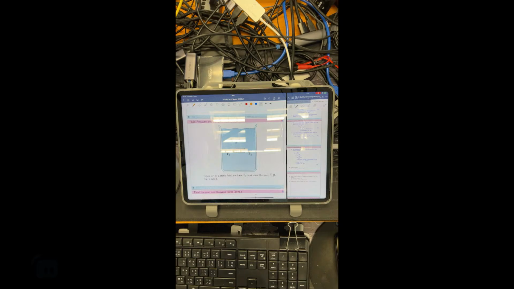Those are the first two subjects in engineering. Okay, in a static fluid, the force F1 must be equal to F2. If both are not equal to each other, this water should move somehow, because there is force remaining.